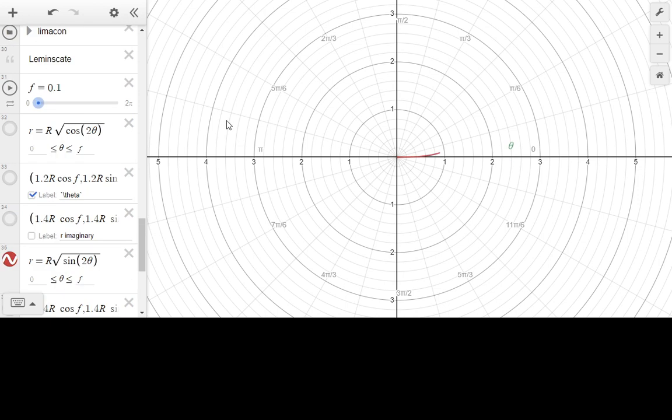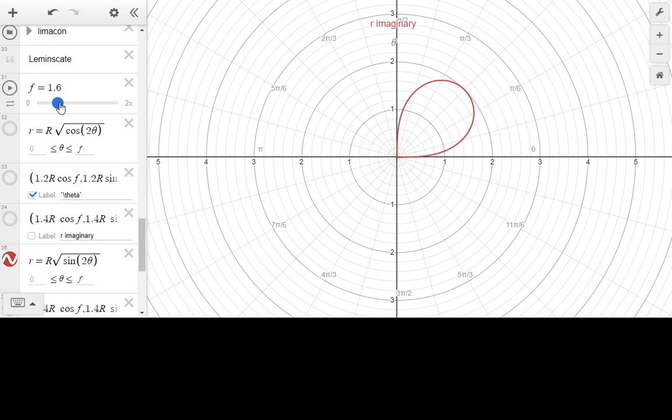So at zero, I start at the origin and move up. I go and here's the furthest I'm going to make. My r is 2, so that's how far out I'm going to go. And then I turn around, and then my petal is finished.